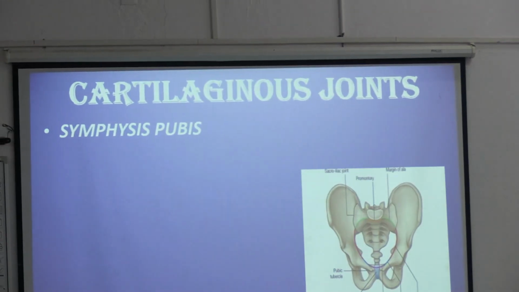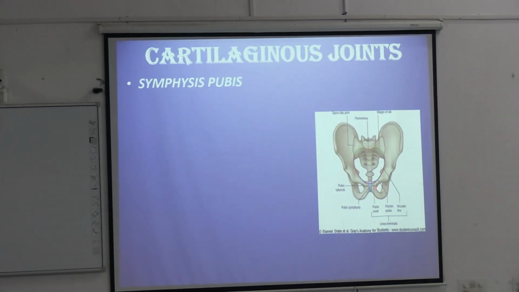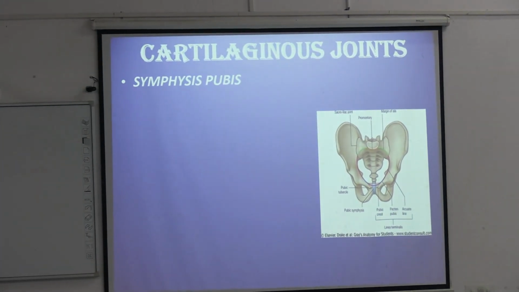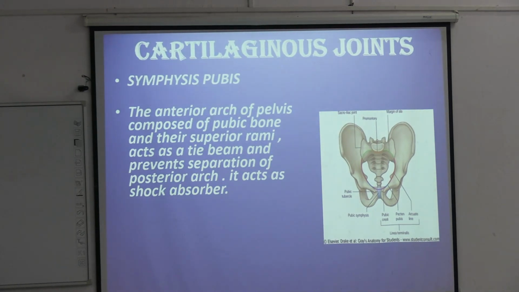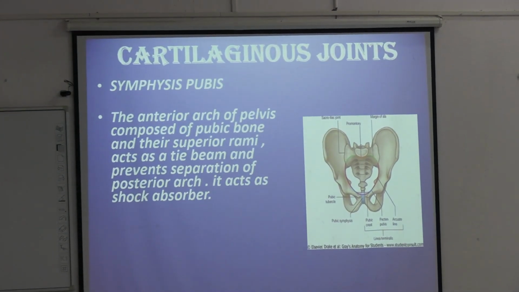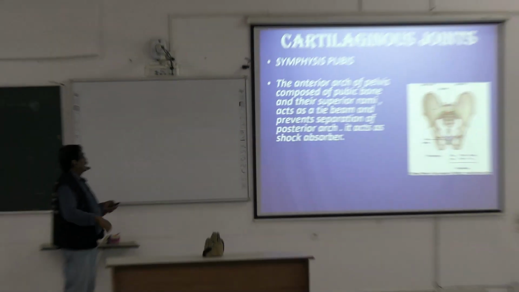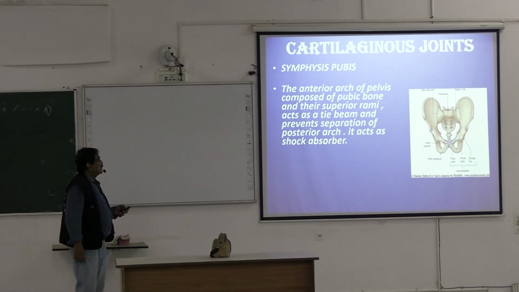Cartilage joint, symphysis pubis, see, here. The anterior arch of pelvis composed of pubic bone and their superior rami acts as a tie beam and prevents separation of posterior arch. It acts as a shock absorber.